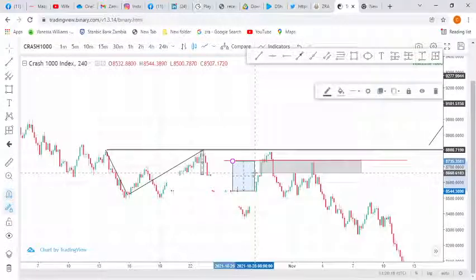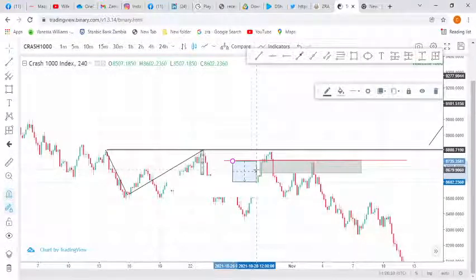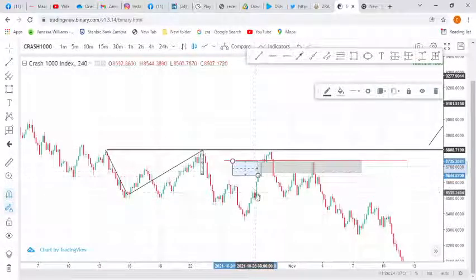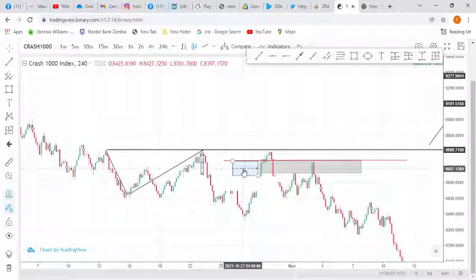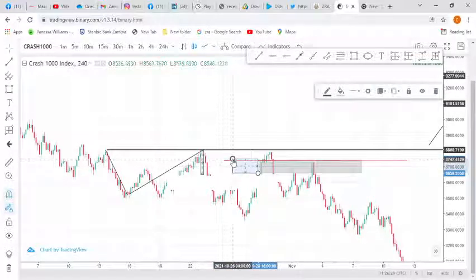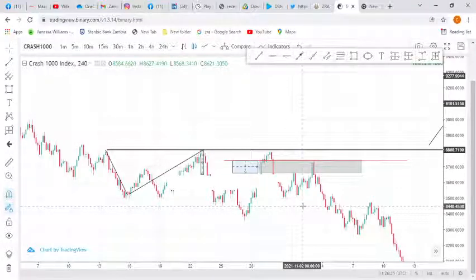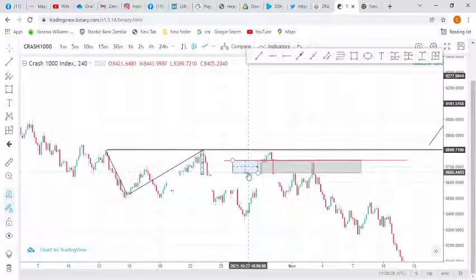Okay, I want it to be precise from here. Okay, let's do this. You see what I was talking about. For us, we're going to use this to make our first entry at this position number 1.